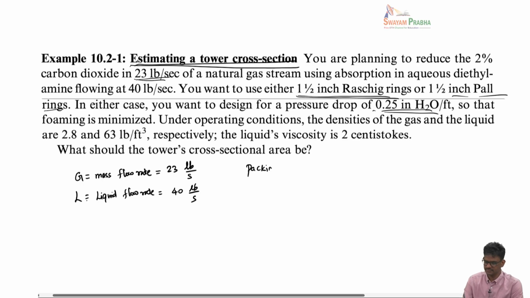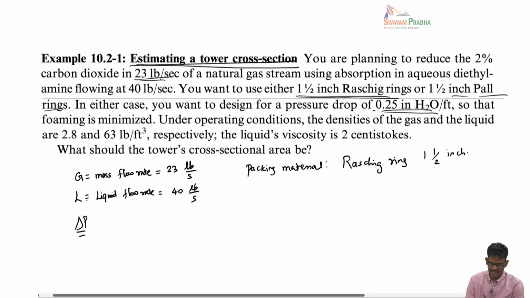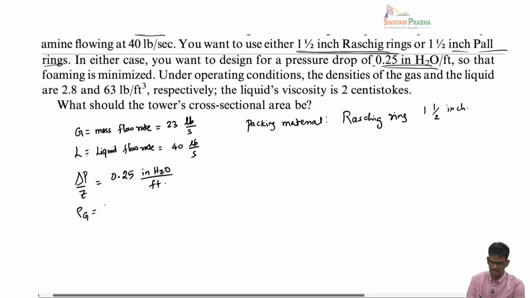Packing material is Raschig ring of size 1.5 inch. Delta P by Z is 0.25 inches of H2O per feet. Rho G is 2.8 lb per feet cube. Rho L is 63 lb per feet cube.